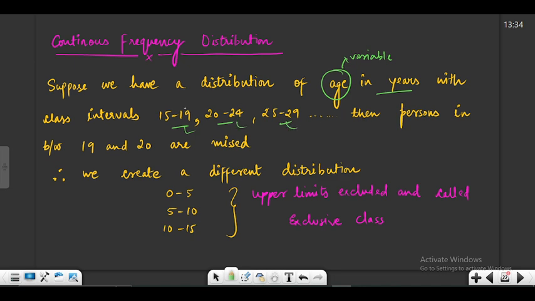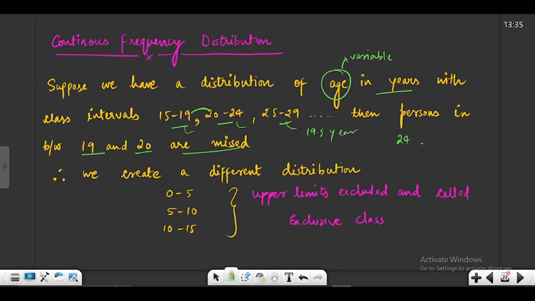But if we use this type of interval, then in this process, the people between 19 and 20 years of age are missed. Okay, so if this is the interval that is being created, it means that the people with the age of 19.5 years or 24.6 years are not being included in the data. So this is a drawback of the discrete form of the variable.